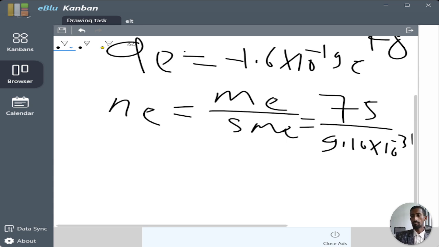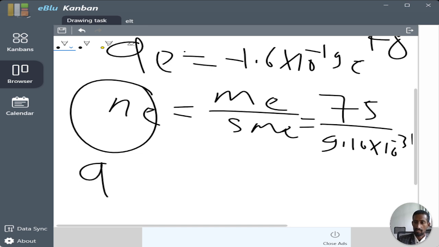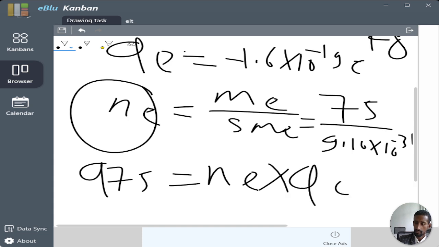So this will be the number of electrons. After getting the number of electrons, we can easily calculate the charge of these 75 kilograms of electrons, which is equal to the number of electrons times the charge of a single electron. Is that clear?